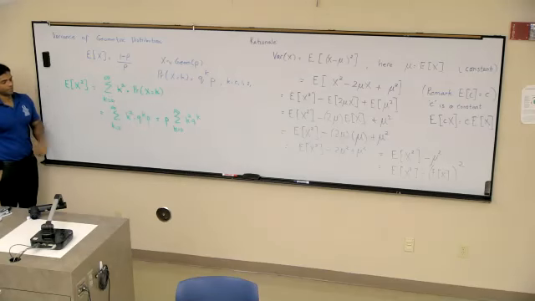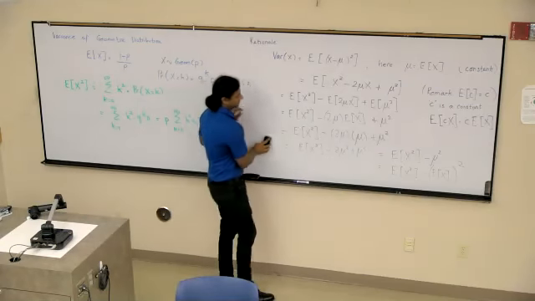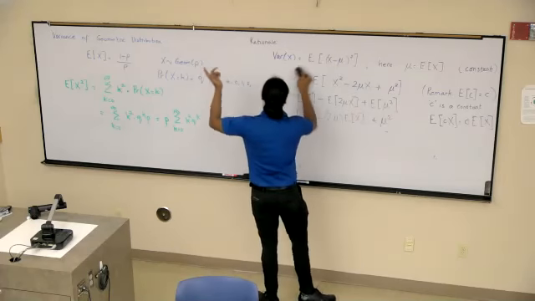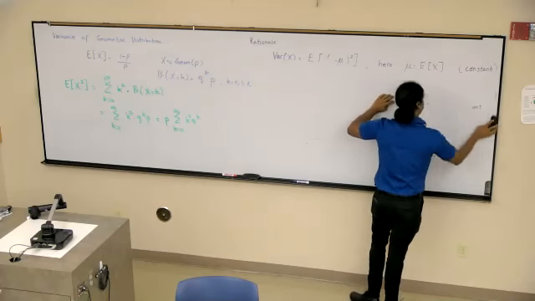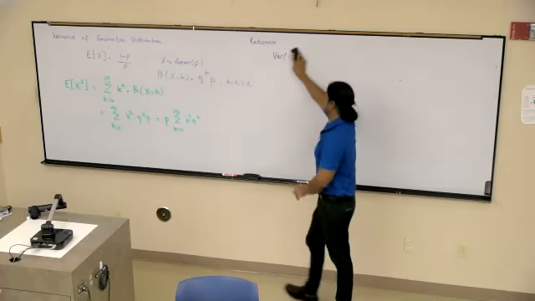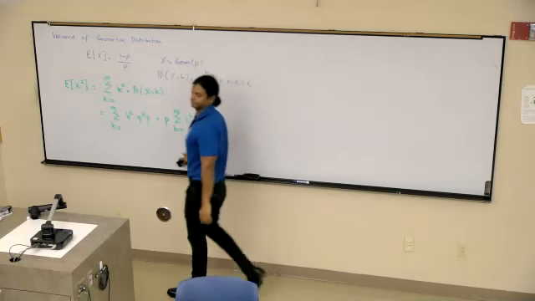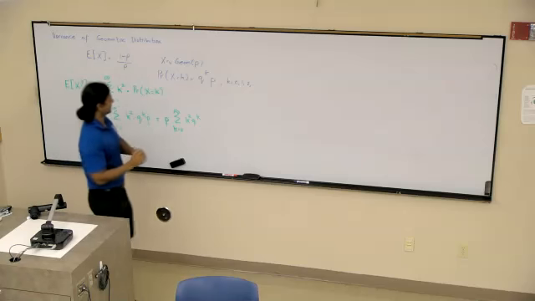How do we go about doing that? How did we find the expectation last time, for geometric, I mean? We're going to do the same thing.